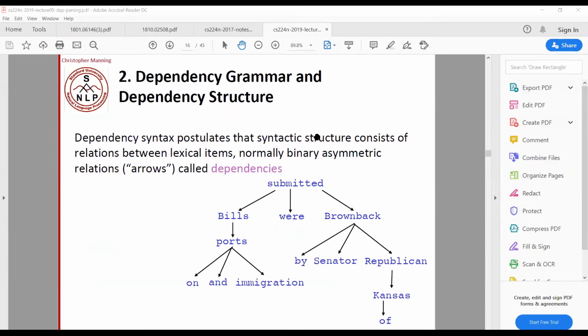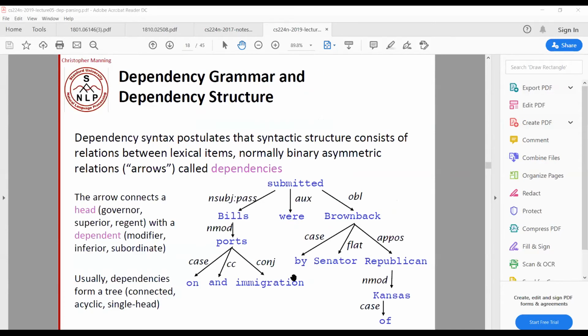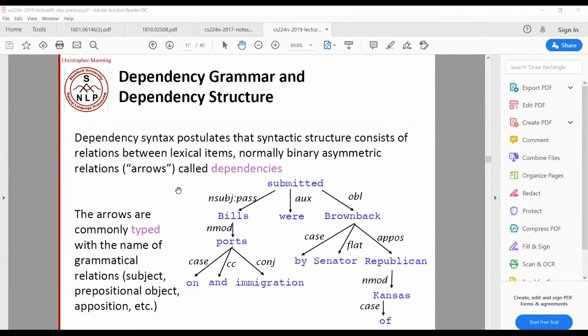Okay. So here's another dependency structure. Again, it would be nice to see the original sentence. They didn't put that. Okay, this is everything. I scrolled down to get everything on the slide. So the verb is at the top of the structure.